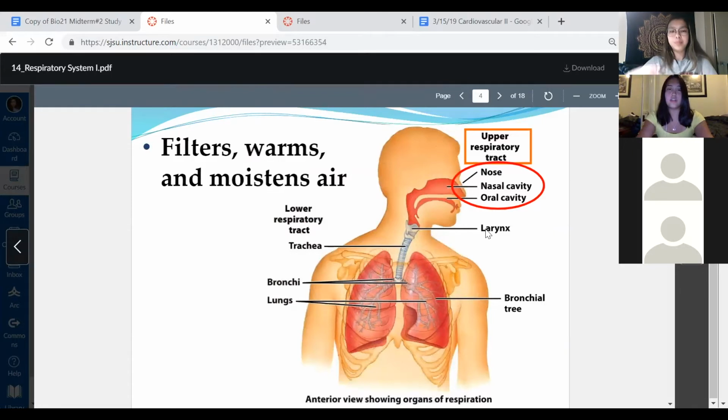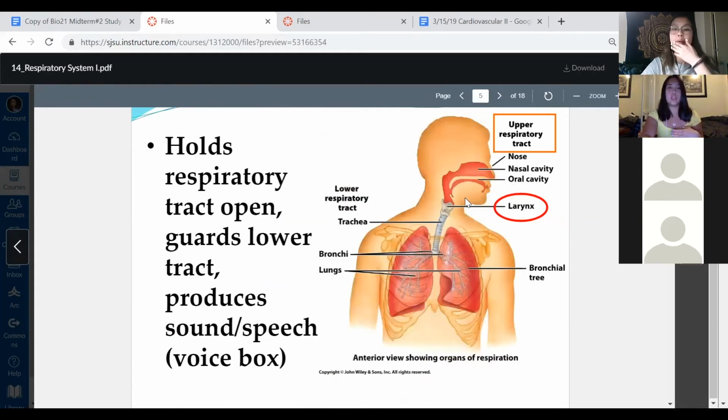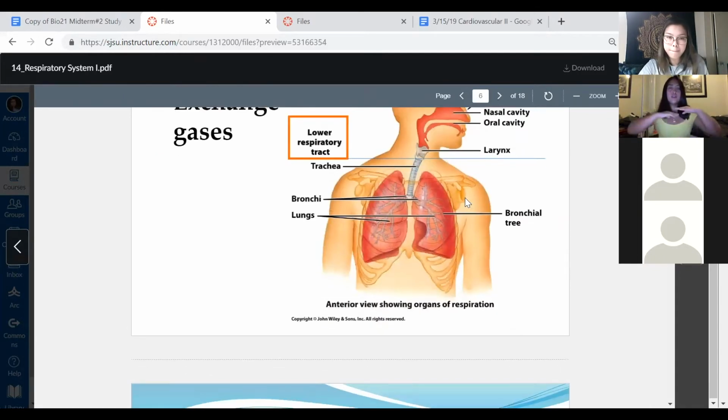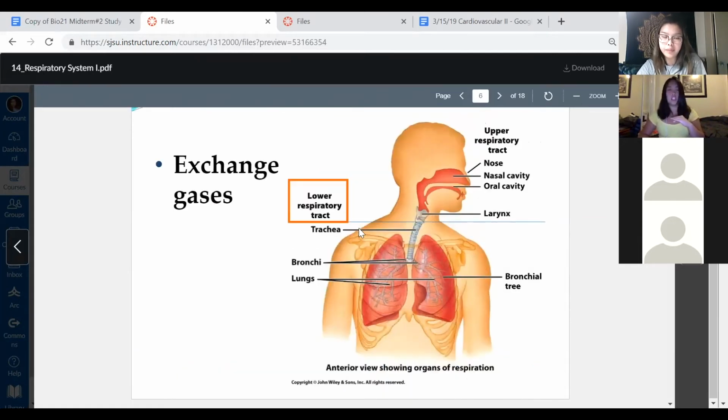So whatever air you take in is going to go through there first, and then moving down is the lower respiratory tract, and that's everything below the larynx, which is basically your whole lung. So that's where the gas exchange is going to happen.